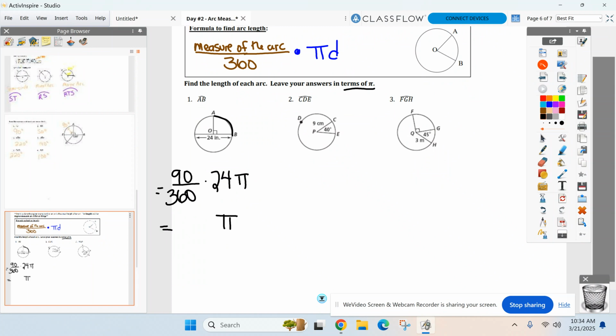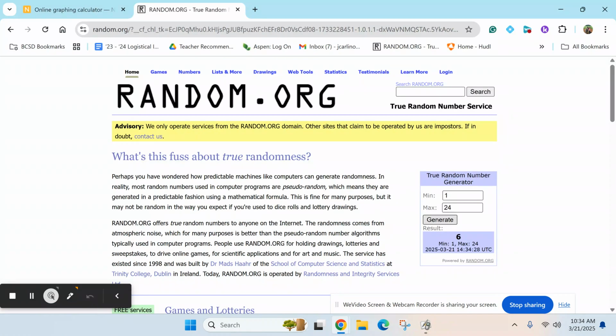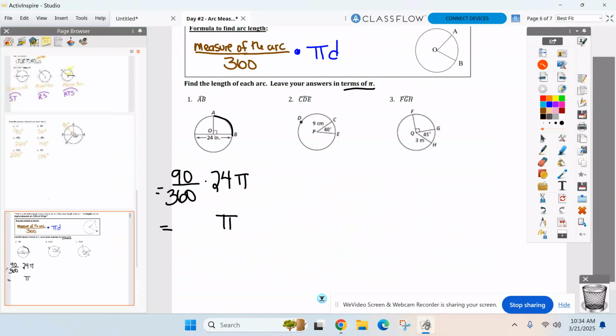So we can at least multiply 90 over 360 times 24, and that gives you 6. Look at that. 6 pi. If you want to add in inches, you know how I feel about that. Wait, so you just don't include the pi when you multiply? Correct. And Zach, unless the directions say nearest tenth or nearest hundredth, then I use the pi button.